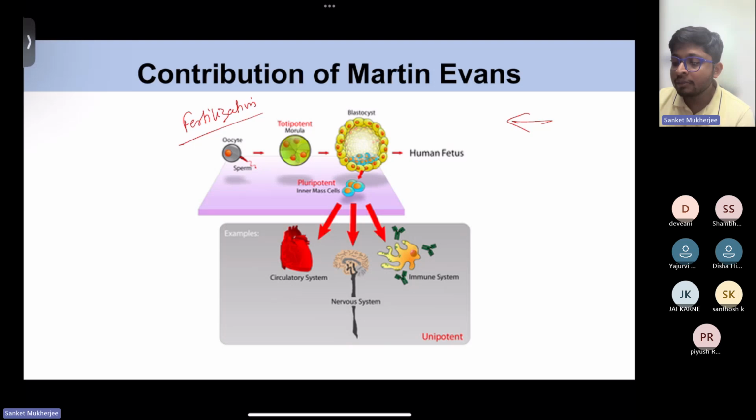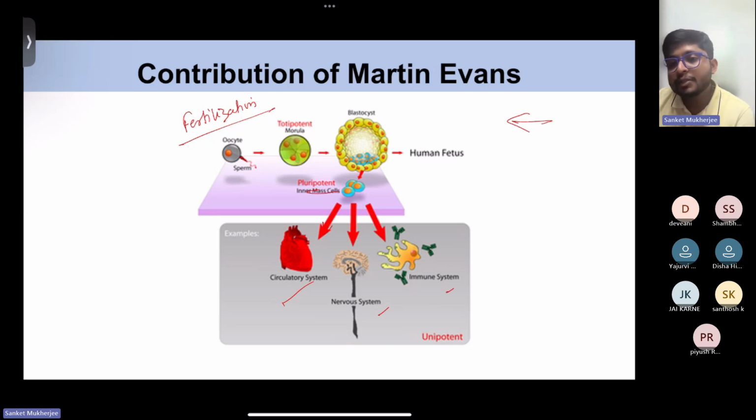Then the blastocyst is formed, one of the stages in a human fetus, and from there the inner cell mass is taken, which is pluripotent. Fine. So these pluripotent cells can lead to generation of multiple cell types. As you can see, the circulatory system, nervous system, immune system, it could lead to multiple cell types.